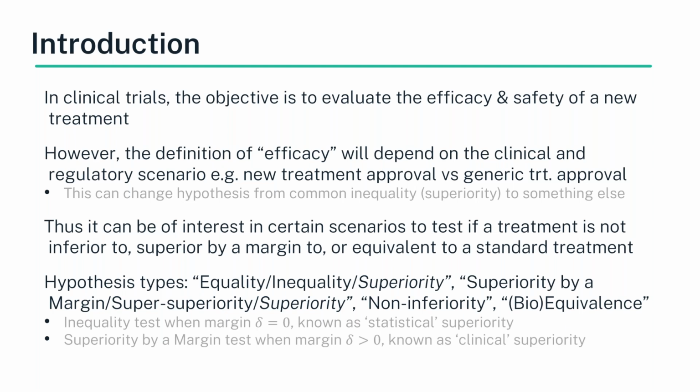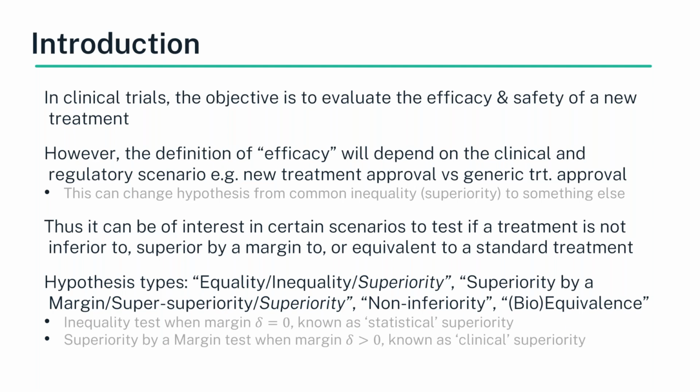And then that hypothesis can be tested using an appropriate statistical method. So, for example, in the typical inequality testing scenario, an example of a hypothesis is that there is a treatment effect. So in the means case, that the mean response in the treatment group does not equal the mean response in the placebo group.